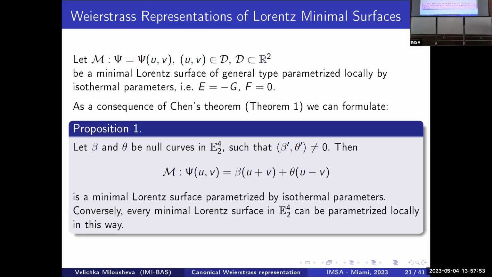Our aim is to find a canonical Weierstrass representation, which will help us give explicit solutions to the system of partial differential equations, to make the connection with the partial differential equations.